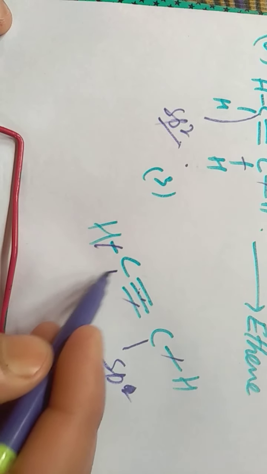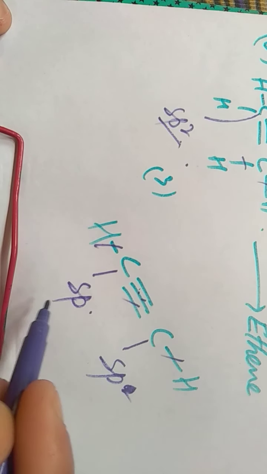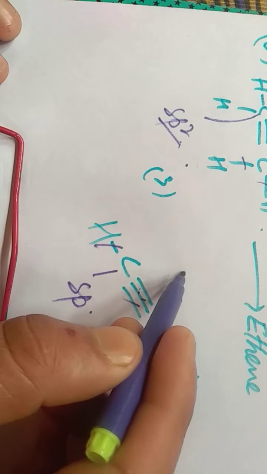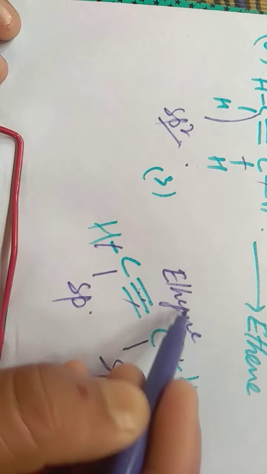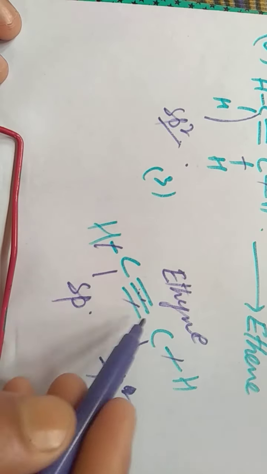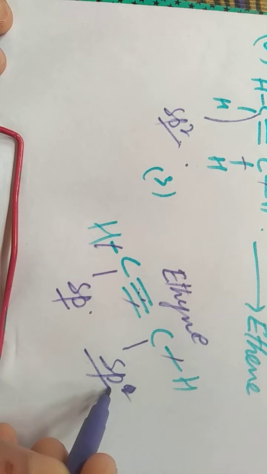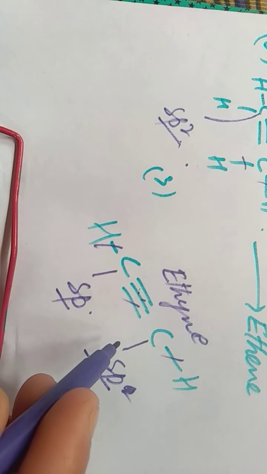So sp hybridization is there. In ethyne, this is ethyne, both the carbon atoms have sp hybridization. Now we move to the next example.